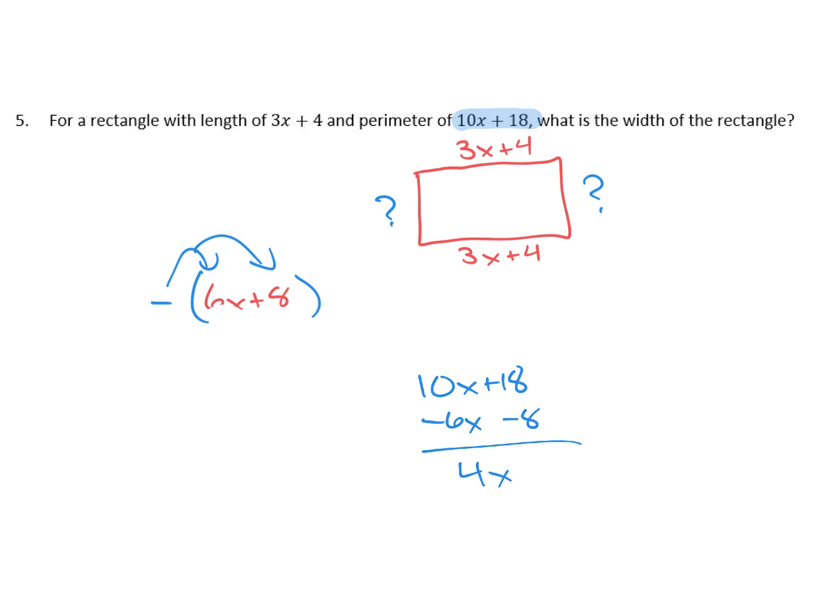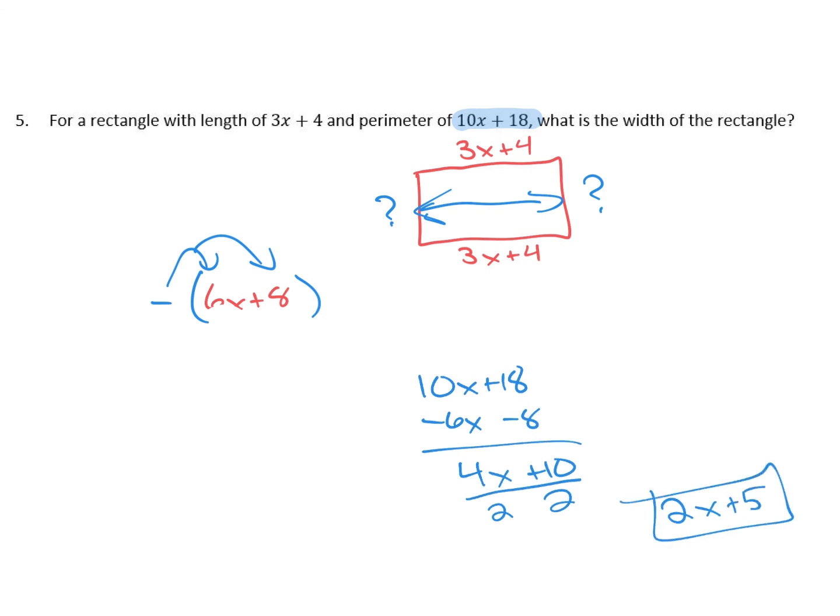And what that's going to leave us with is 4x plus 10. Now remember, this is indicating two sides of our rectangle. So we still need to make sure we're dividing everything by 2. So that would be 2x plus 5. And that is going to be our two missing sides.